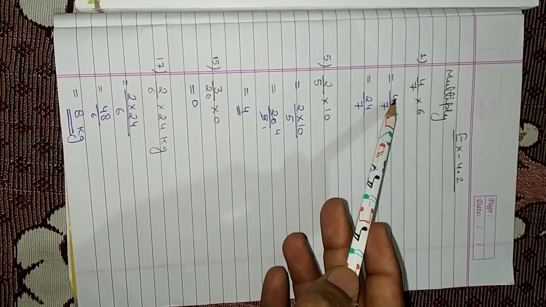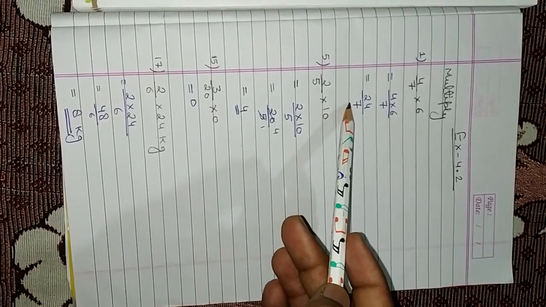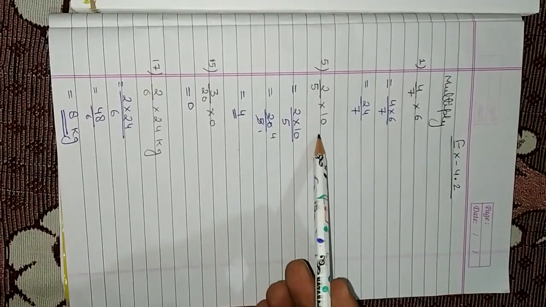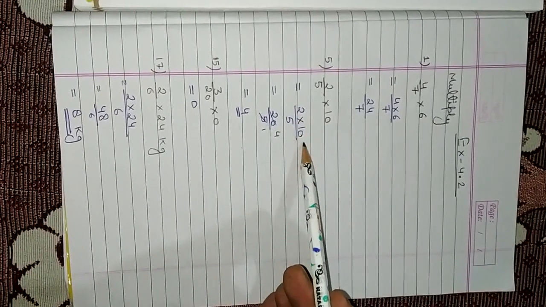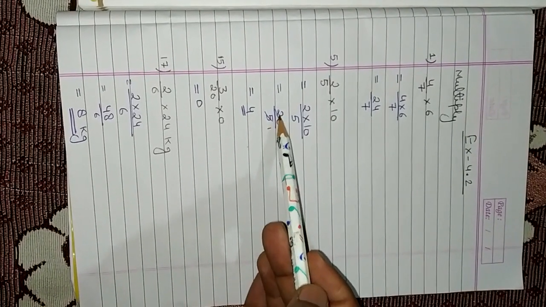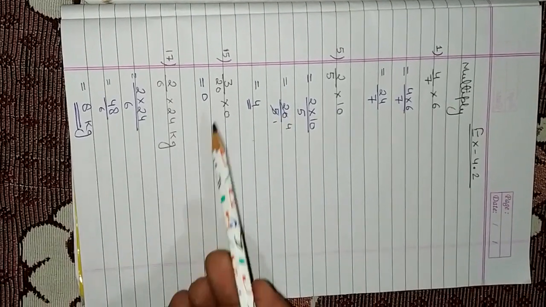So multiply the whole number by the numerator. 4 into 6, 24 by 7. Okay. 2 by 7 into 10. Multiply 2 into 10, 20. 20 by 5. When we divide 20 by 5, we get 4 because 20 is a multiple of 5.